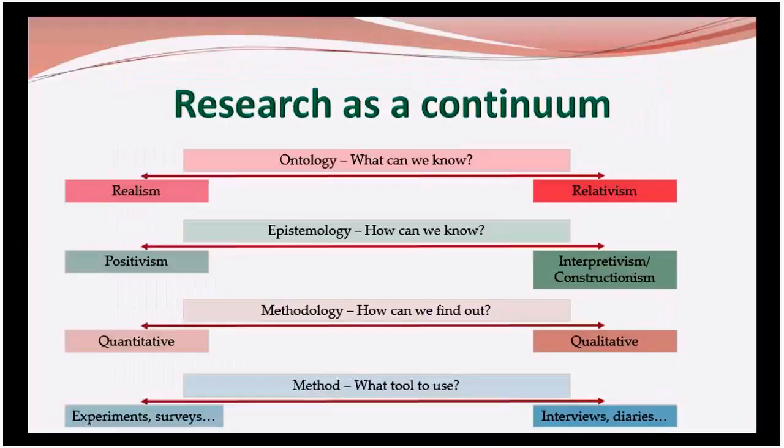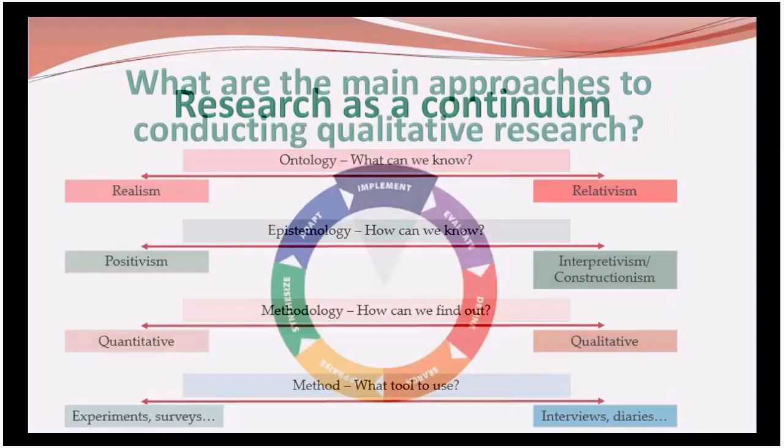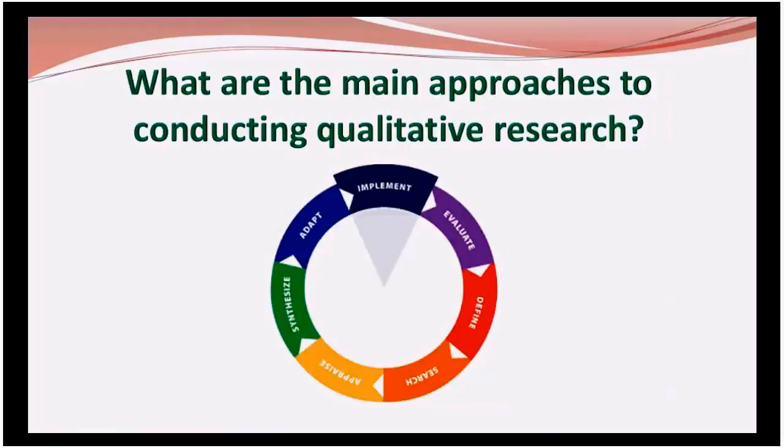So again, just one last look at research as a continuum, seeing the differences emerge between qualitative and quantitative. I would like us now to move to the main approaches of conducting qualitative research.